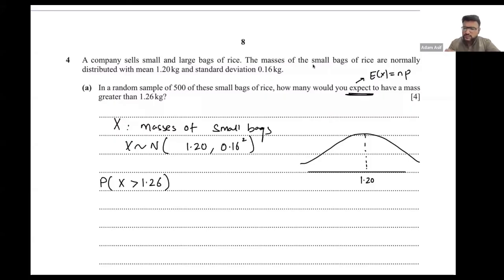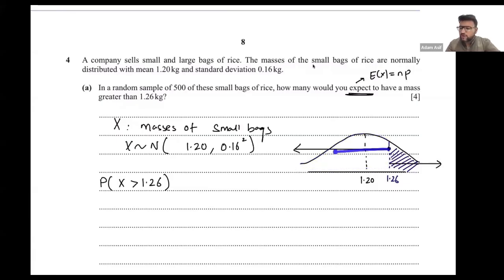Now 1.26 is a value greater than the mean. So it's going to be towards the right side of the mean. Probability of X greater than 1.26 is this region. We need to calculate this probability, which is called the tail probability. First we are going to find the body area, and then we are going to subtract this area from 1.